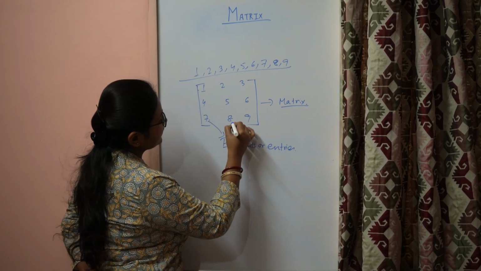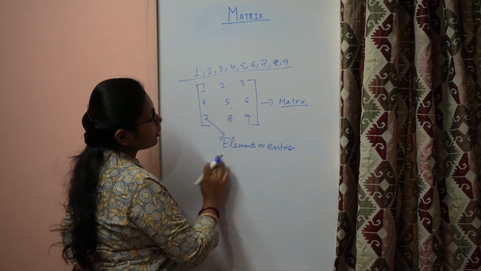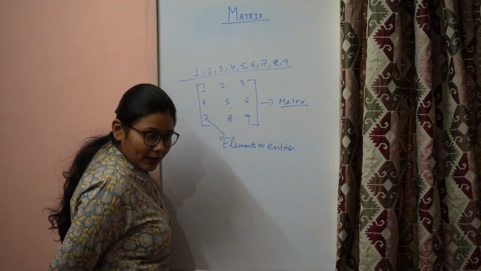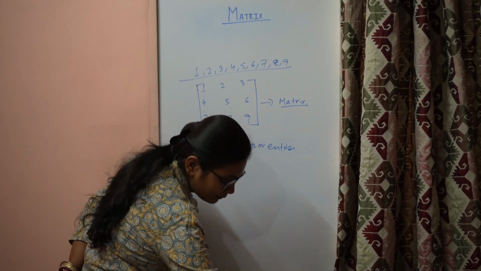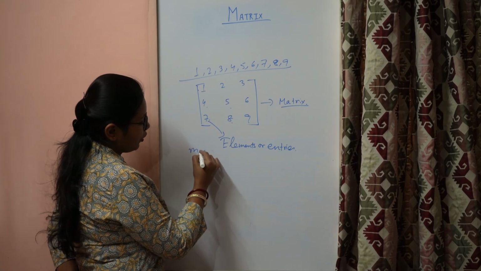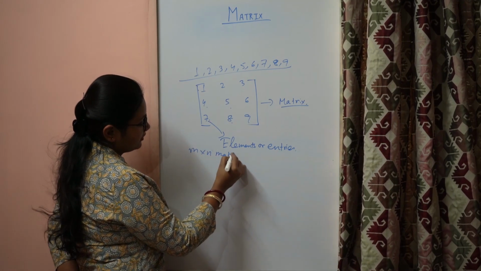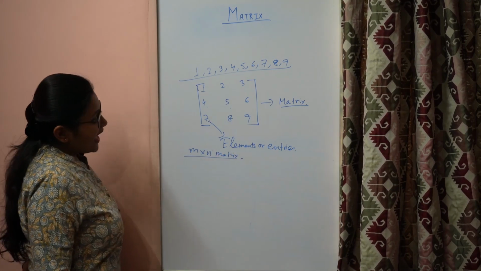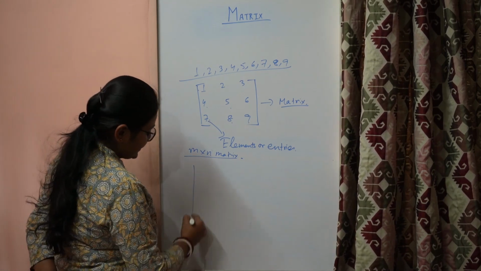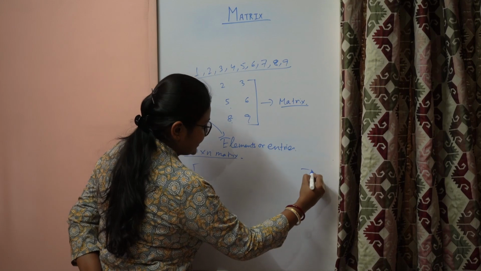So this 8, 9, 4, 6, all are called elements or entries of the matrix. Normally, suppose an M cross N matrix is there. The representation of an M cross N matrix is like this.